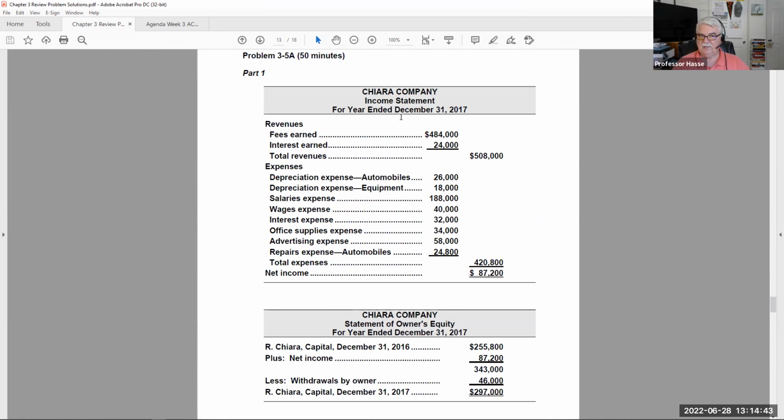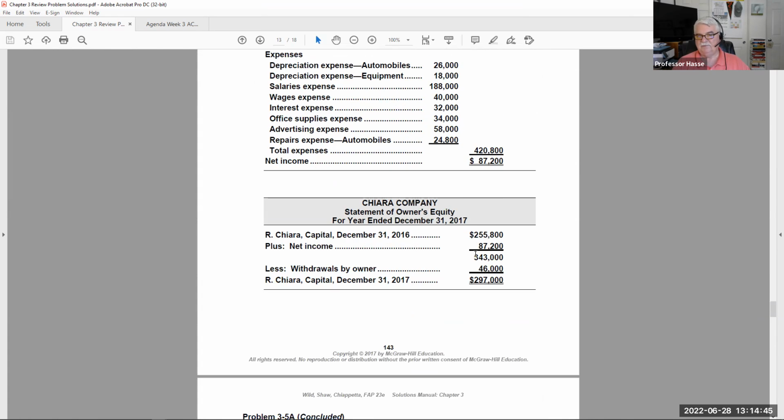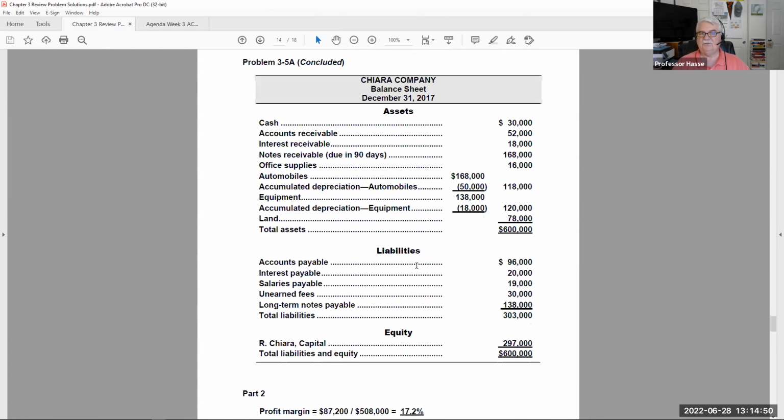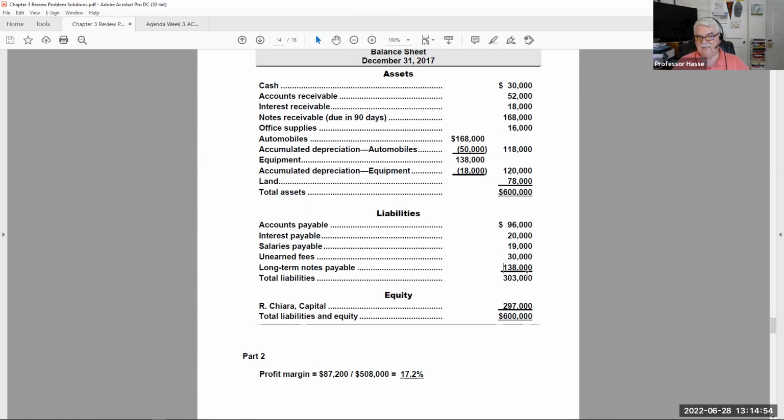Income statement. Note the header. What's the equity position of the company? Note the header. And what is the balance sheet? The amount of assets the company owns, the amount of debts that they have, liabilities, and the equity position of the company, and everything is in balance.